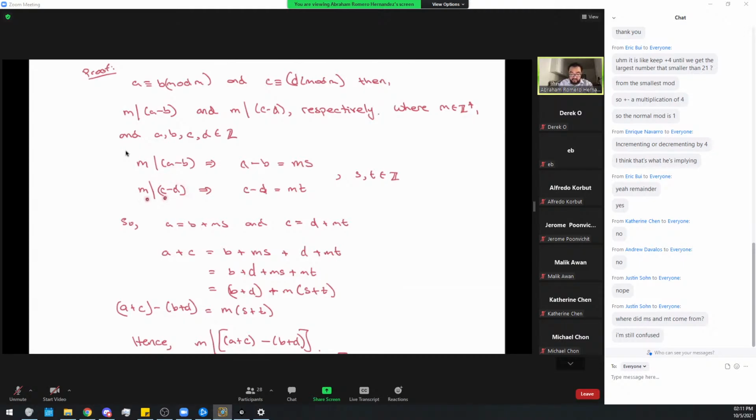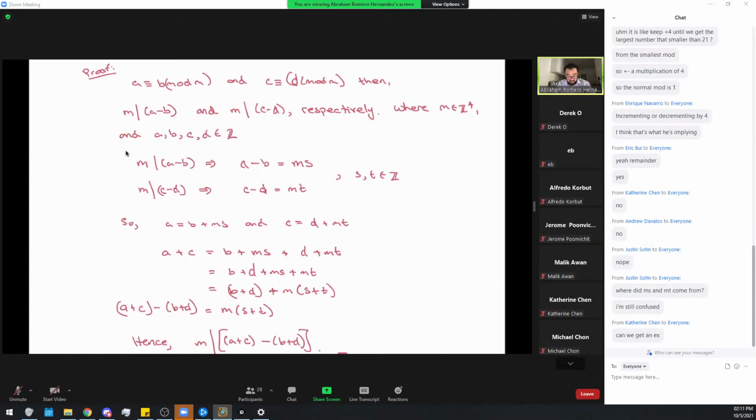Since M divides C minus D, then M times something else will equal the difference of C and D. And then all you have to do is just add them. Which in theory, I could have just done theorem 4.1.1 I and gone straight to this. I didn't even have to do all of this part, not thinking about it.